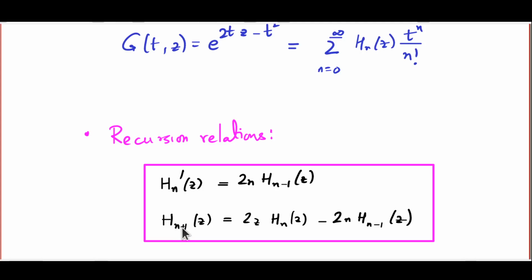And the other recursion relation allows you to write down a Hermite polynomial of any given degree in terms of the next lower and the next to next lower Hermite polynomials. That is, H n plus 1 can be expressed in terms of H n and H n minus 1. Of course, this means H n can be represented in terms of H n minus 1 and H n minus 2, given, of course, n is greater than or equal to 2.